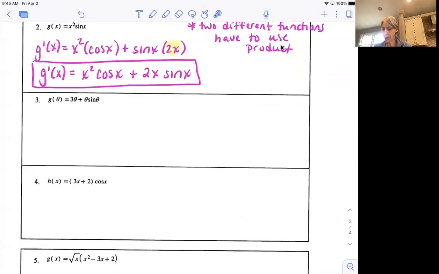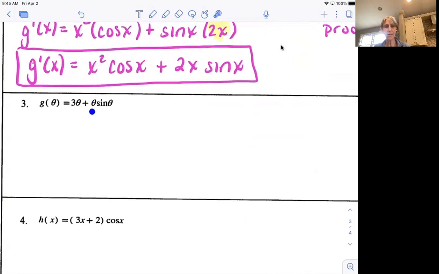For our next example, g of theta, theta is our variable, equals 3 theta plus theta times sine theta. So now this theta is a variable. We have to use the product rule on that term. G prime of theta equals, what's the derivative of 3 theta? Just plain old 3.